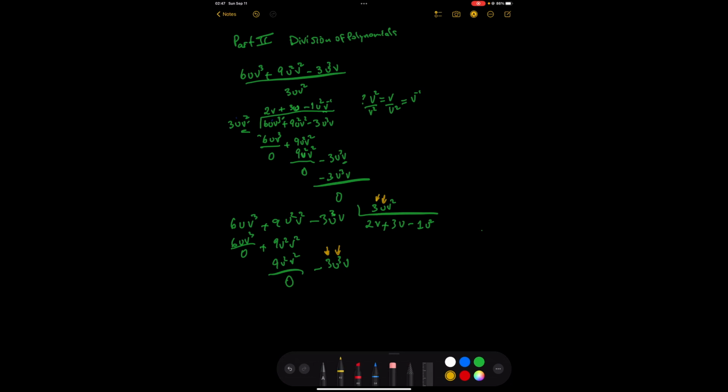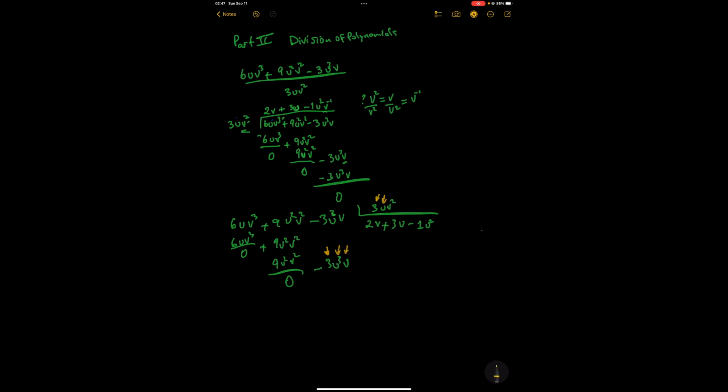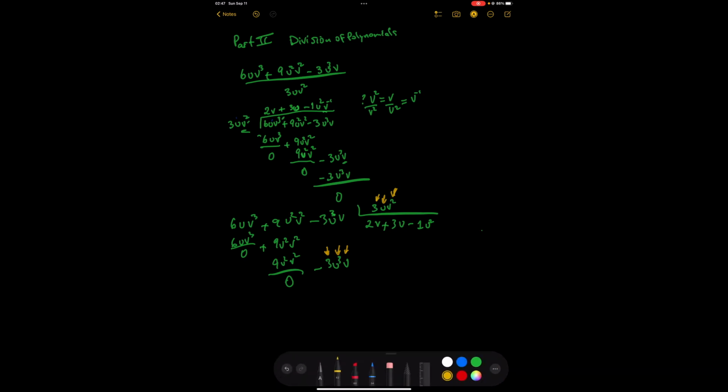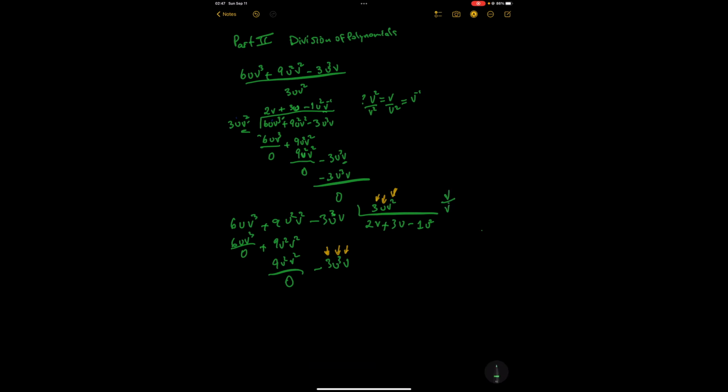And this v divided by v squared will be equal to what? That's what I was saying. So v divided by v squared is equal to v times v to the negative 2, which is v to the negative 2 plus 1, which is equal to v to the negative 1. So that will be v to the negative 1. And that will be equal to negative 3u cubed v, and that equals 0.